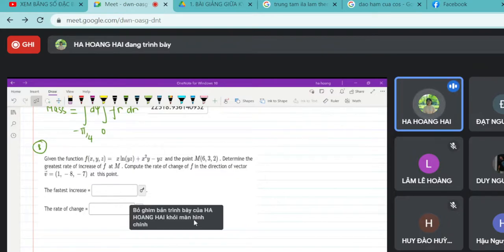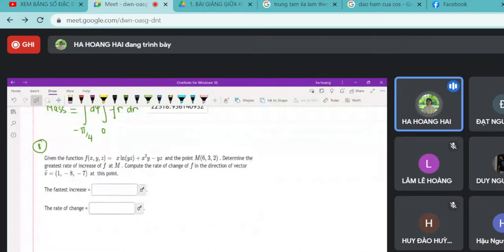Okay, so the question that we have here is another question on directional derivative. I want to recall that in directional derivative, we have the fastest increase.